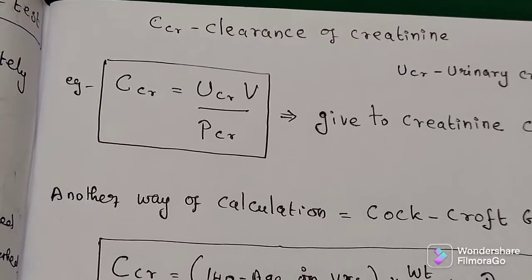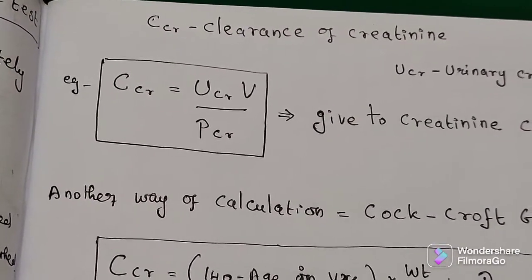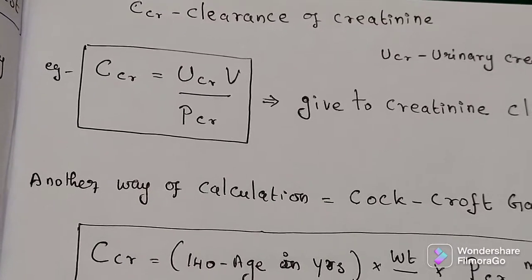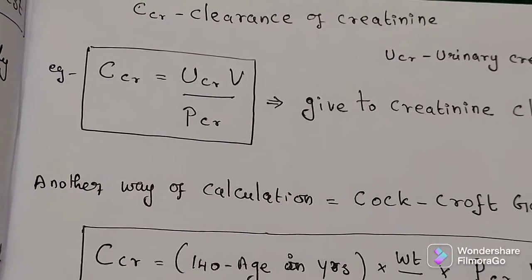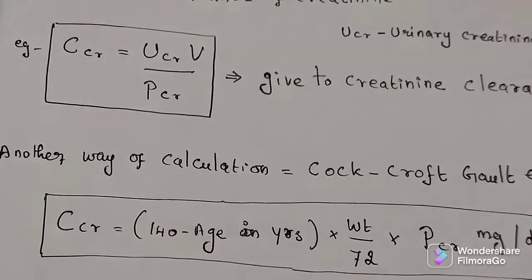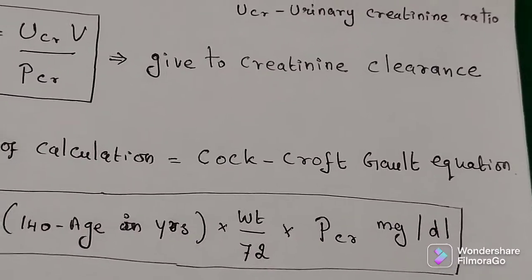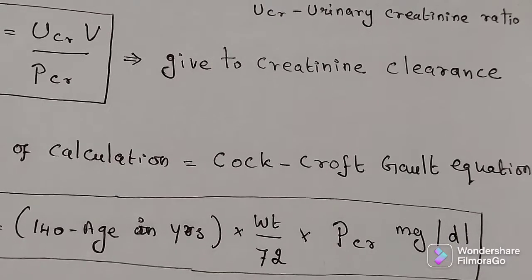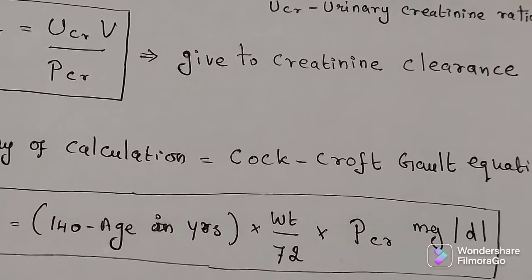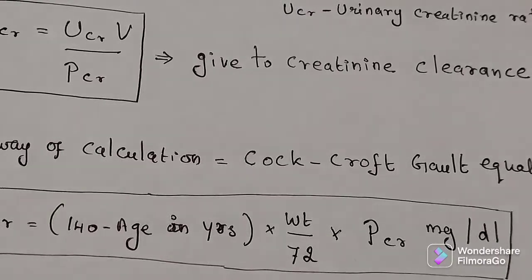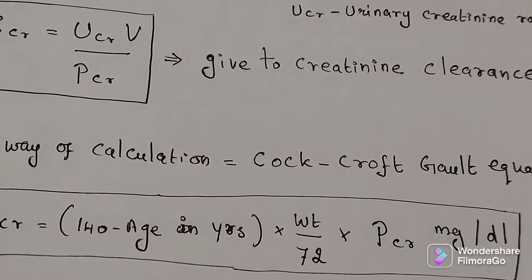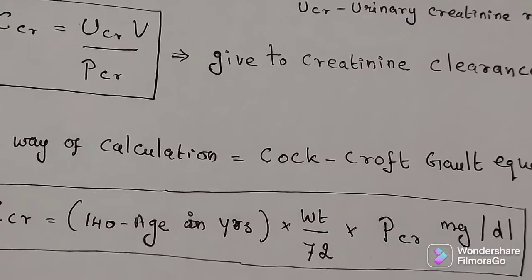There is another shortcut to calculate the creatinine clearance: the Cockcroft-Gault equation. By this method, we directly calculate creatinine clearance from serum creatinine value.